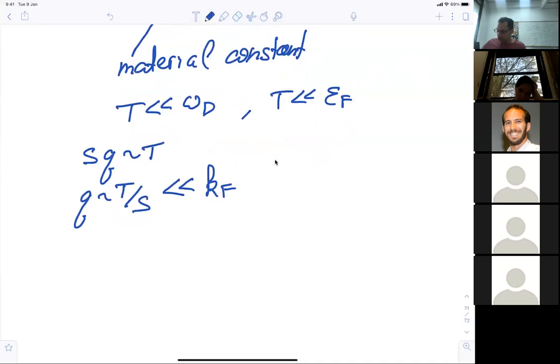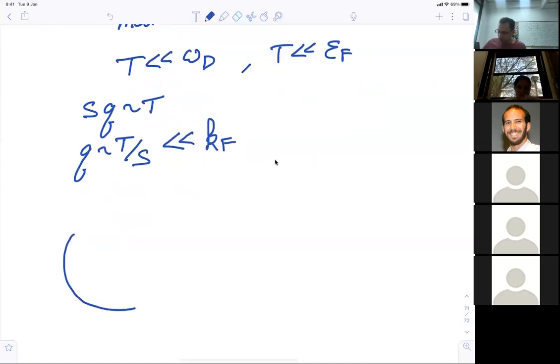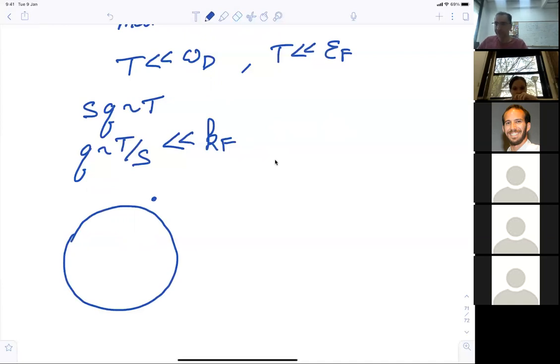Okay, so it means that if you have an electron somewhere close to the Fermi surface and it scatters, there are two things that we need to remember: energy conservation and momentum conservation.